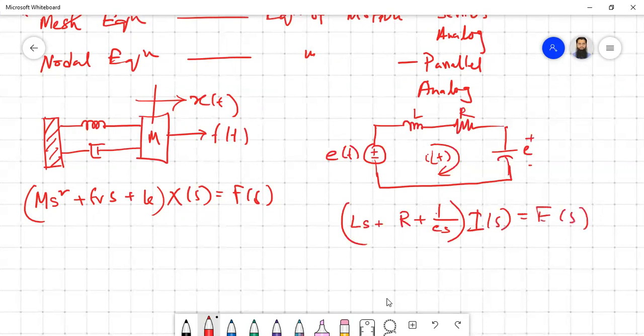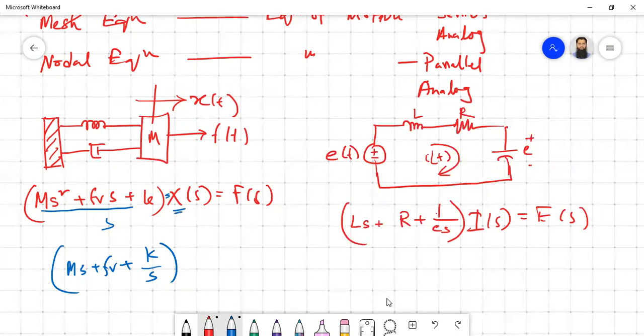But actually, you cannot compare these two equations because they are not similar. But if you divide this thing by s and multiply s here, then what you can find is (Ms + fv + K/s), and sX(s) is nothing but velocity, isn't it?